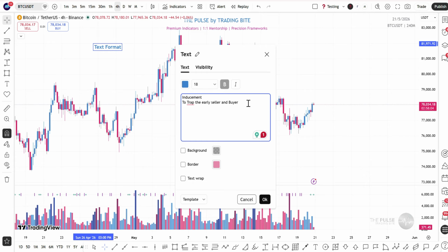And the next question is how we have to find the inducement. The inducement will always be on the left side of the swing.